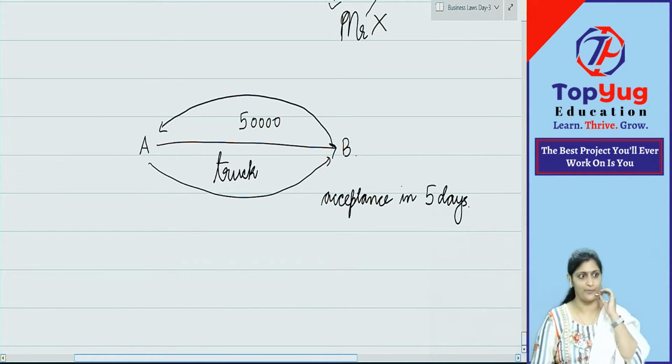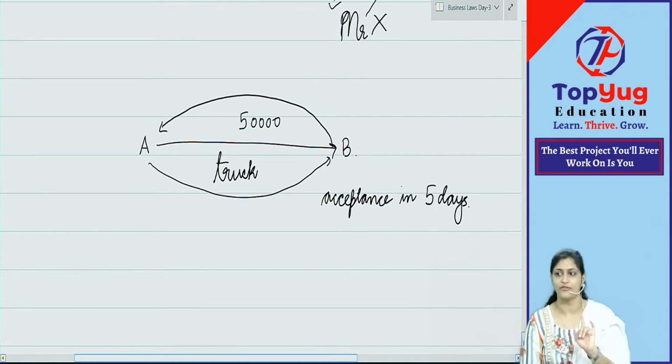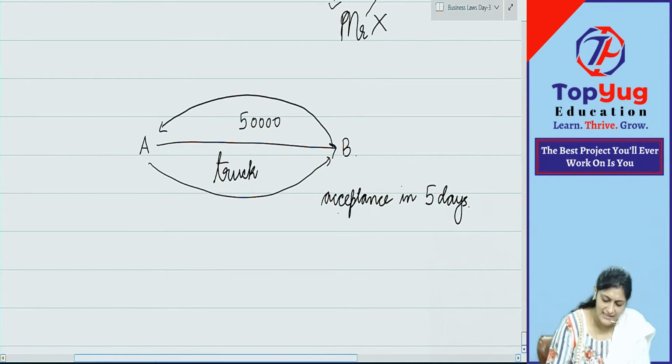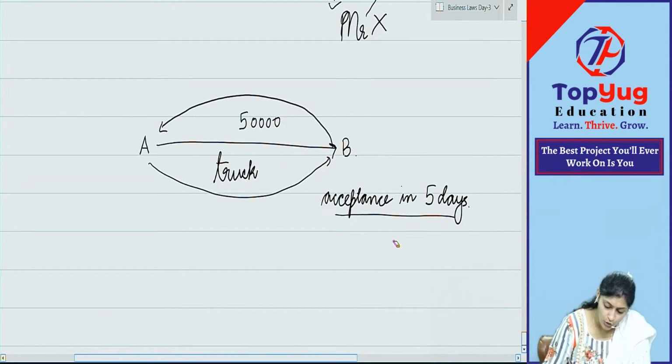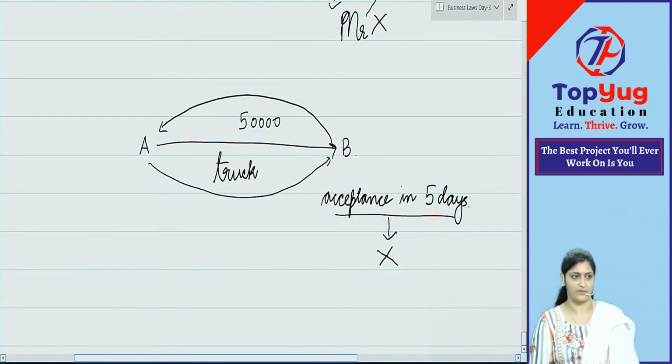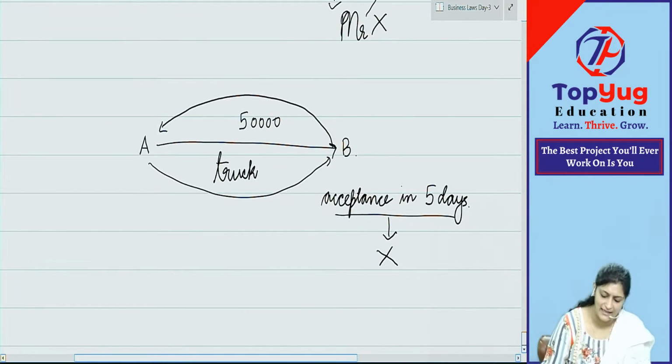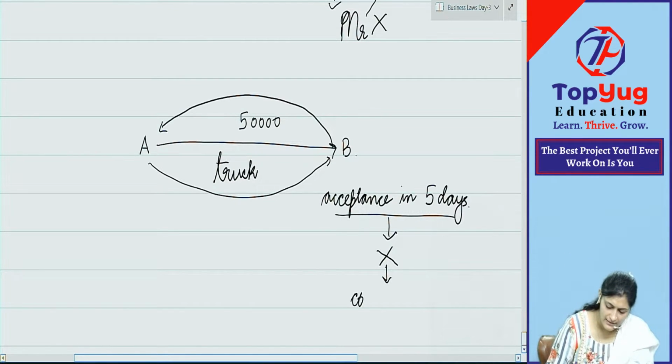If you want to purchase my truck for 50,000 rupees, give the acceptance in 5 days. If you do not give acceptance in 5 days, then I will consider it as acceptance.